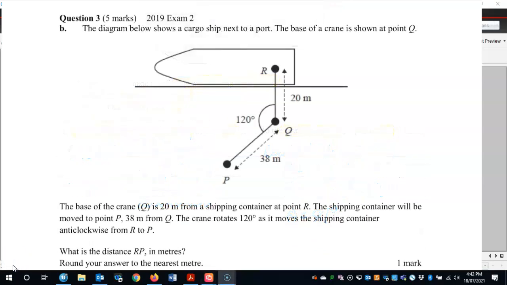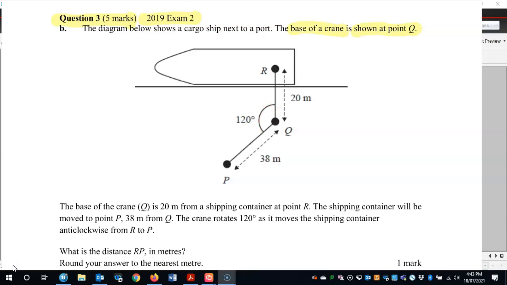So from the 2019 exam 2, a question 3 again. The diagram below shows a cargo ship next to a port. The base of a crane is shown at point Q. So we have this diagram here with two sides. There's 20 meters there, 38 meters there, and the angle between them is 120 degrees.